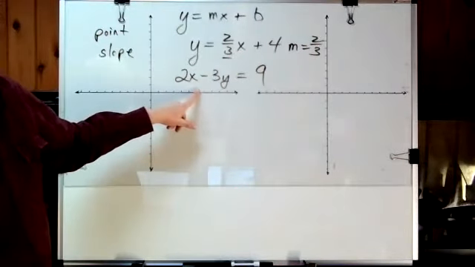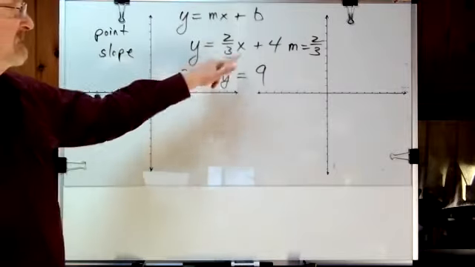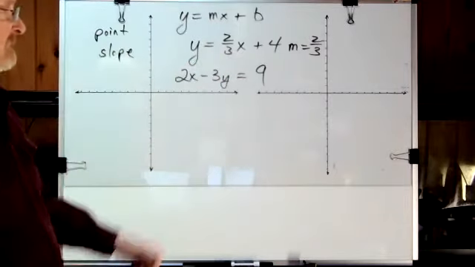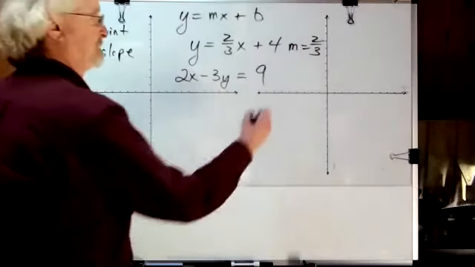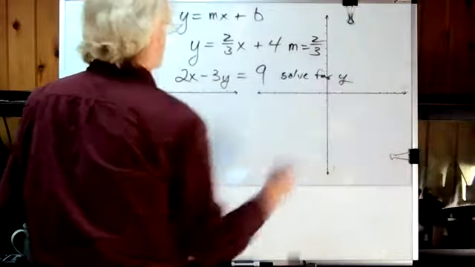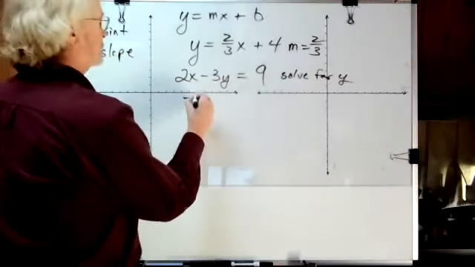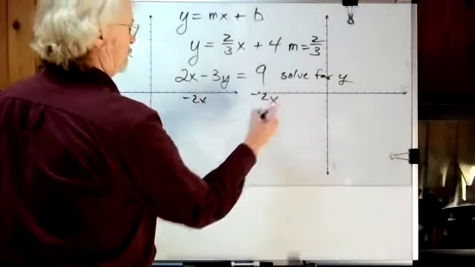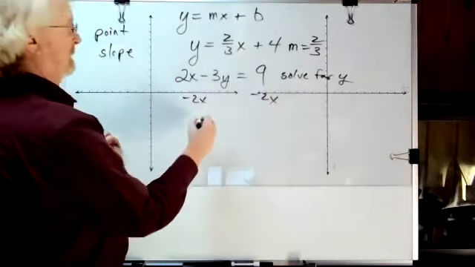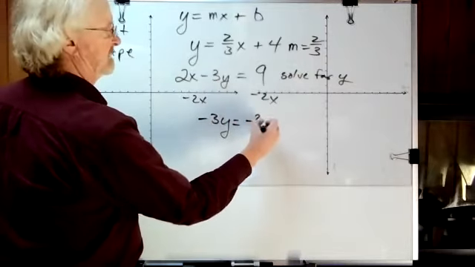This one, I'm going to do some work and rearrange it so it's in that shape, so I can see clearly what the slope value is. I'm going to solve it for y. So I'll subtract the x's, which leaves negative 3y, and I'll put the x's first.